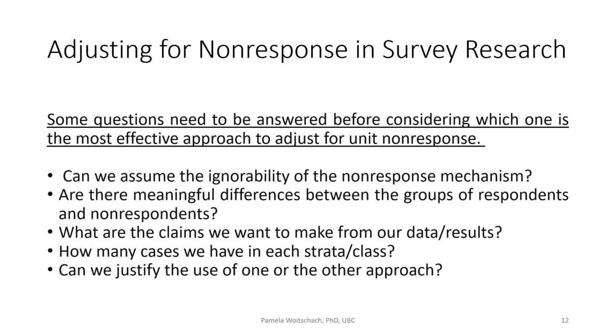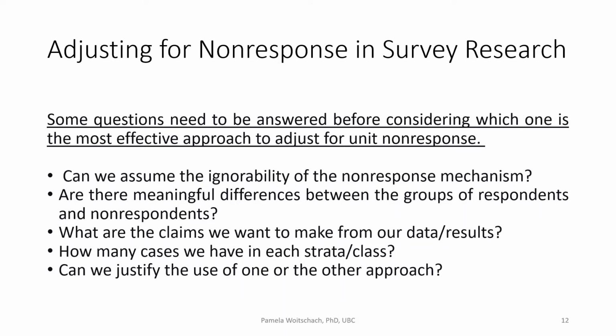Can we assume the ignorability of the non-response mechanism? Are there meaningful differences between respondents and non-respondents? What are the claims we want to make from our results? If we classify our sample into strata, how many respondents do we have in each stratum? Can we justify the use of one or another approach?